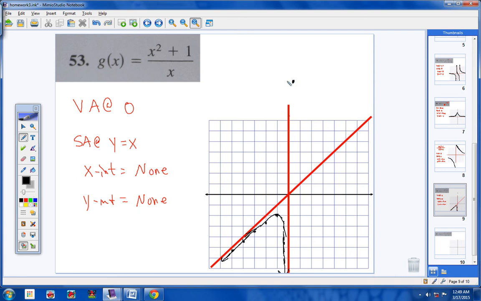Now, with my table of values, 1 is at 2. 2 is at 2.5. 3 is at 3.3, just like the other one, so barely there. 4 is at 4.25, same thing again. It's getting closer and closer to the slant asymptote. And it's going to hit here and kind of curve, and then it's going to take off and start getting closer and closer to the vertical asymptote up here also. So there you go. Moving on to our last one, and we're finally finished.